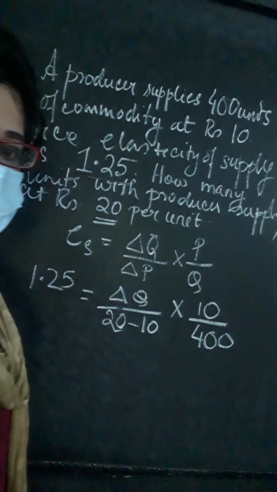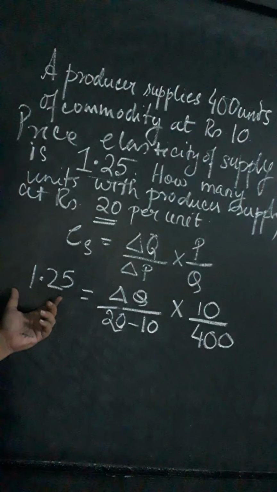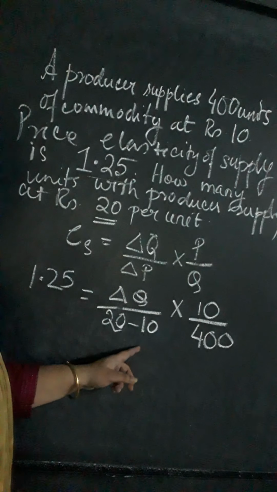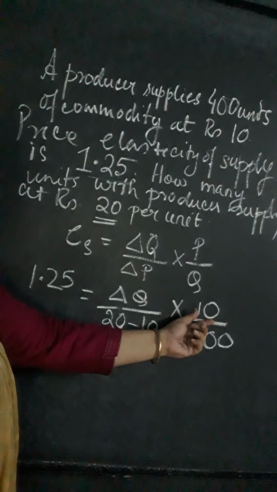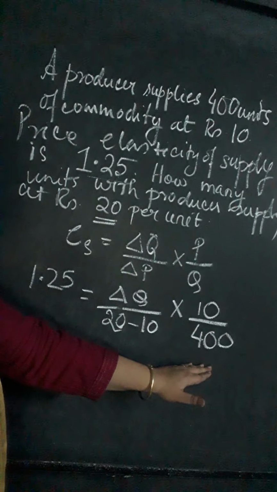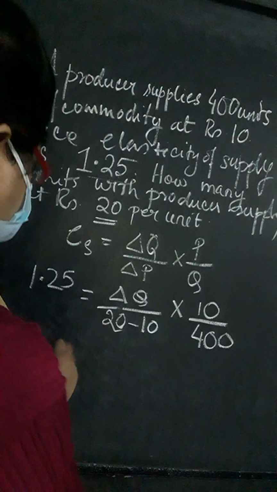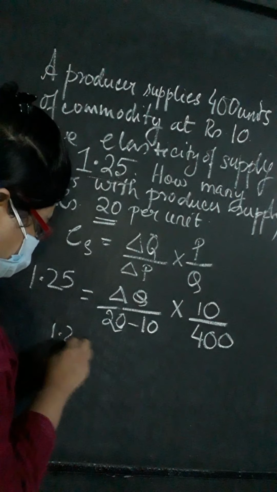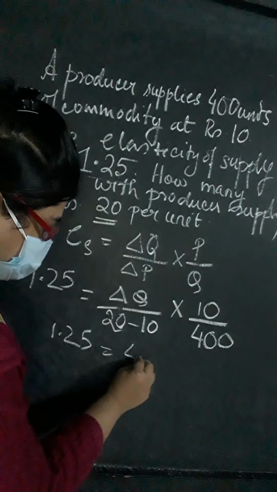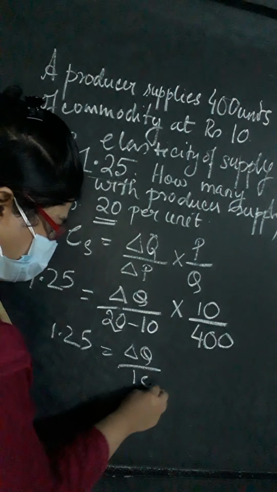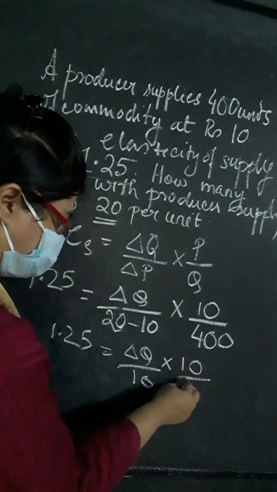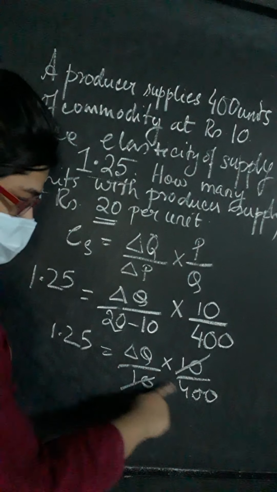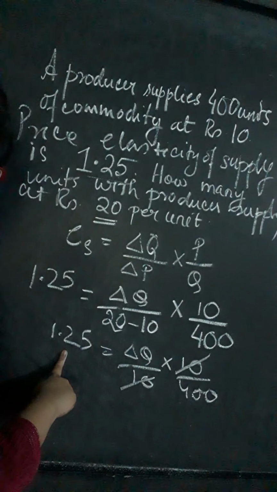So we have the information about the elasticity of supply, the initial and the final prices. So we can find the change in the price, the initial price as well as the initial quantity. So from solving this, we have change in quantity by 400 equal to this.